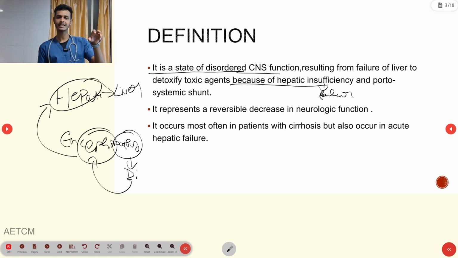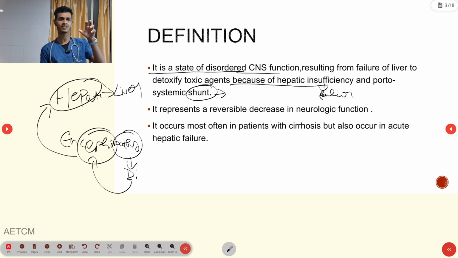First one is hepatic insufficiency or hepatic failure. The other cause is a portosystemic shunt. In easier terms, shunt means an abnormal connection between two organs or two parts. Portosystemic: porto represents our portal circulation, which is the venous circulation of our gastrointestinal tract.